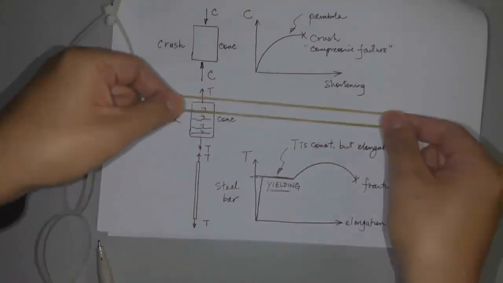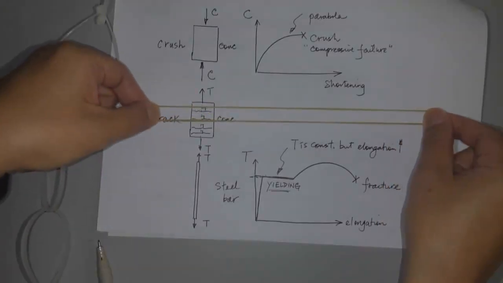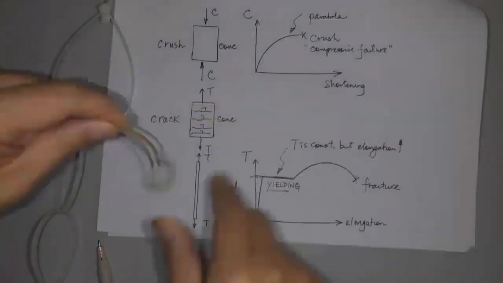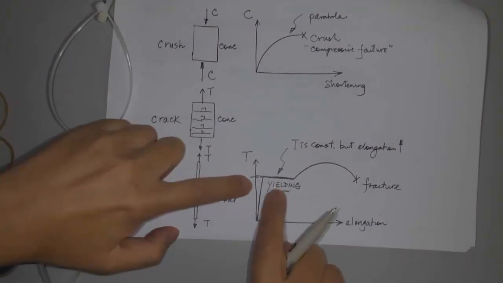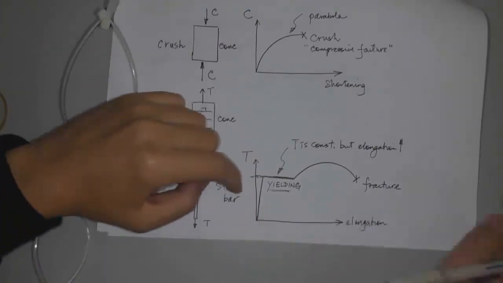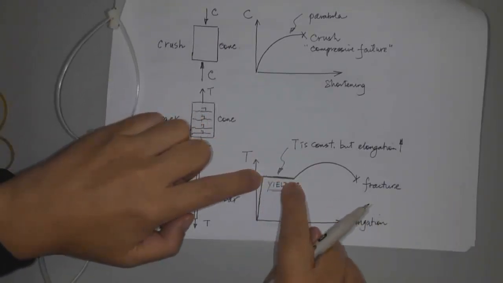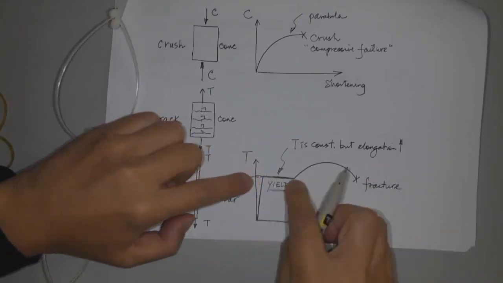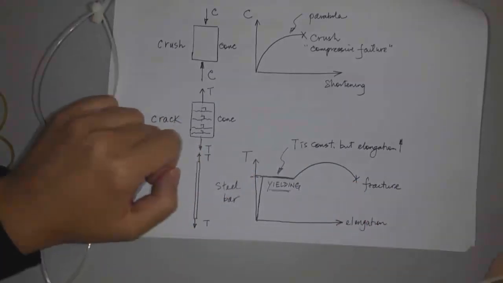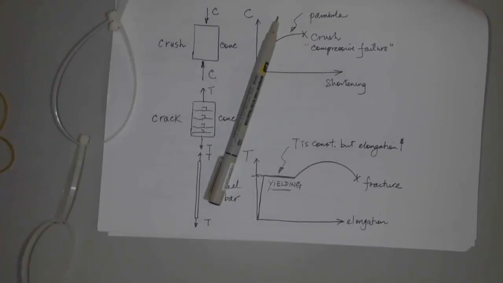You don't need to increase T. It will just get longer and longer and longer by itself. It just keeps elongating. Okay, that is the yielding part of a steel bar. That's the second major difference from concrete. And then it yields for a certain distance, and then it climbs up again. So you need to increase T again. And then finally it breaks into two parts.